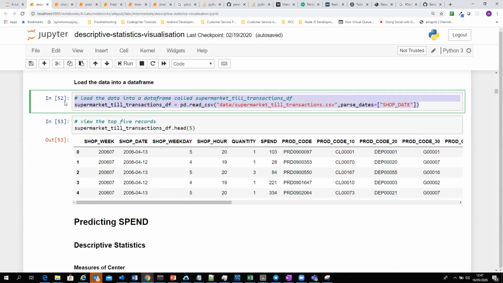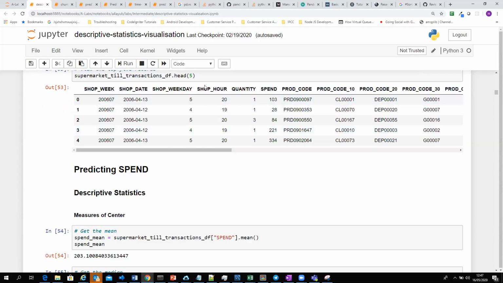This is important, especially when you're doing time series or date manipulation. With pandas, you cannot use date manipulation if the date column is not in date format. If you import it without this, the date column would be imported as string, and you'll have a lot of problems.